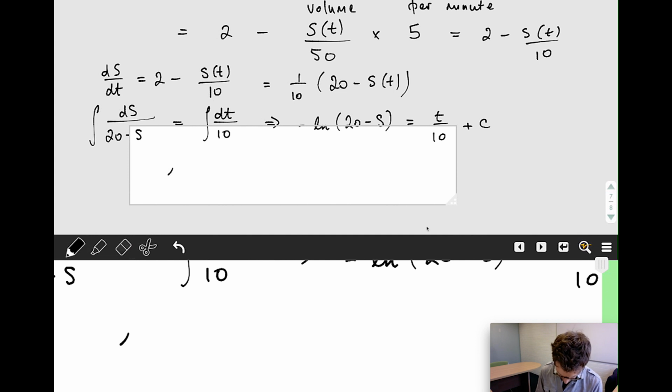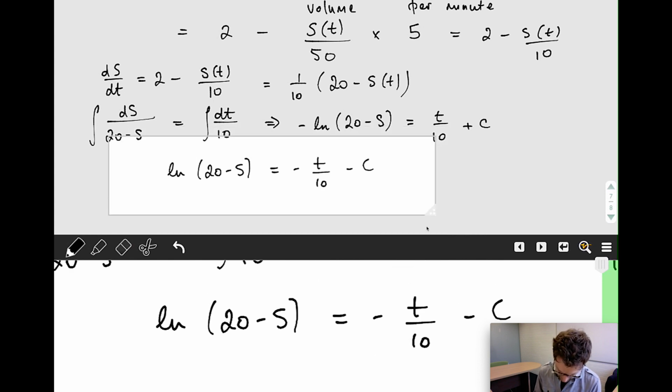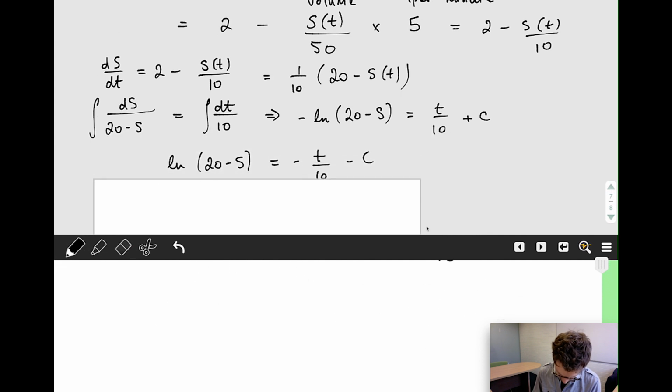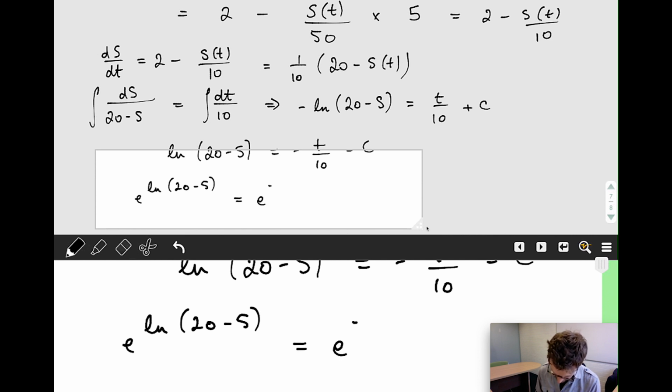So let's take that as the natural logarithm of 20 minus S equals minus t over 10 minus c. Then take the exponential. So e to the log of 20 minus S is equal to e to the minus t over 10 minus c.